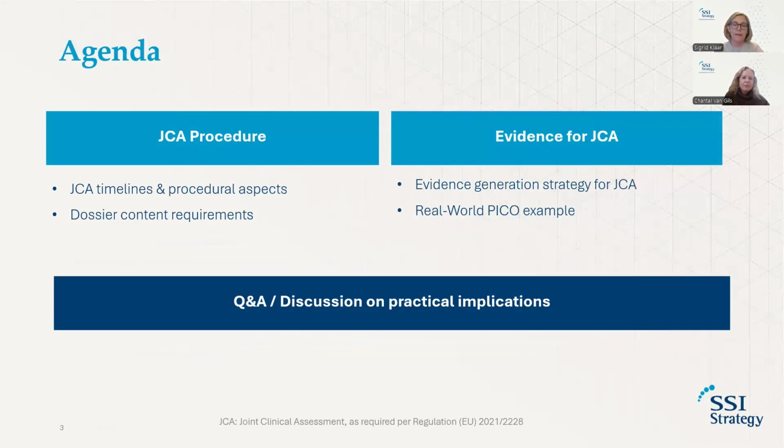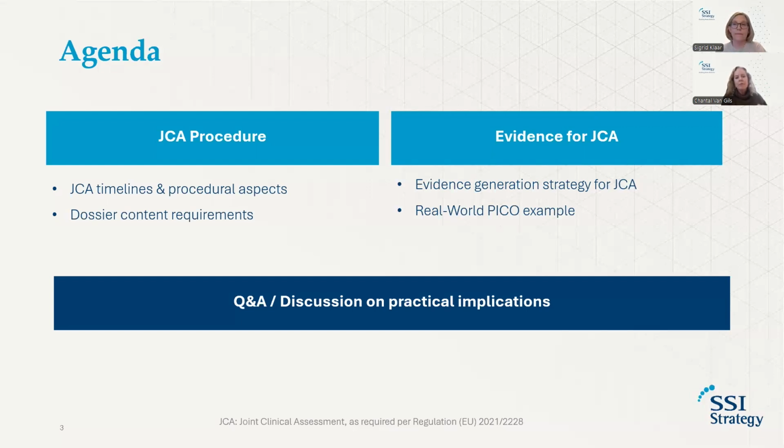So let's move to the agenda first. We have basically two parts. First, we will provide you with some more details around the JCA procedure, timelines, procedural aspects, but also dossier content requirements, which is quite relevant to understand what needs to be there. And then we move to the piece around evidence. What evidence should you be collecting to go in the JCA?